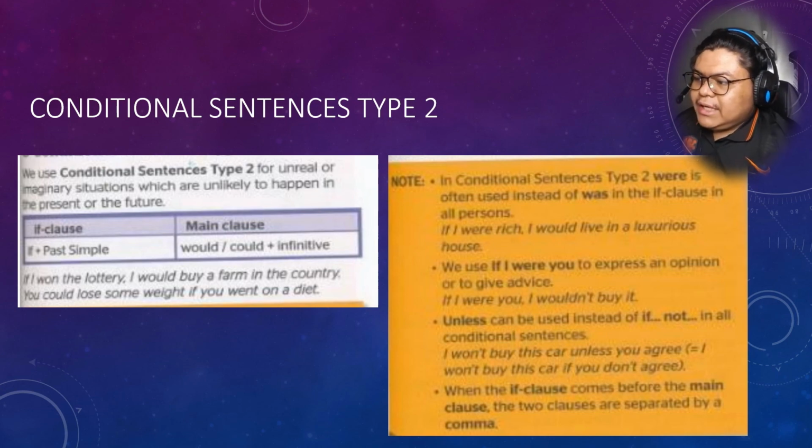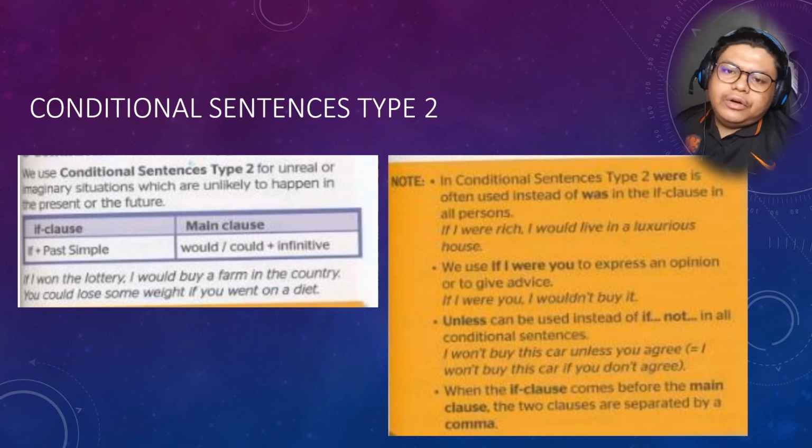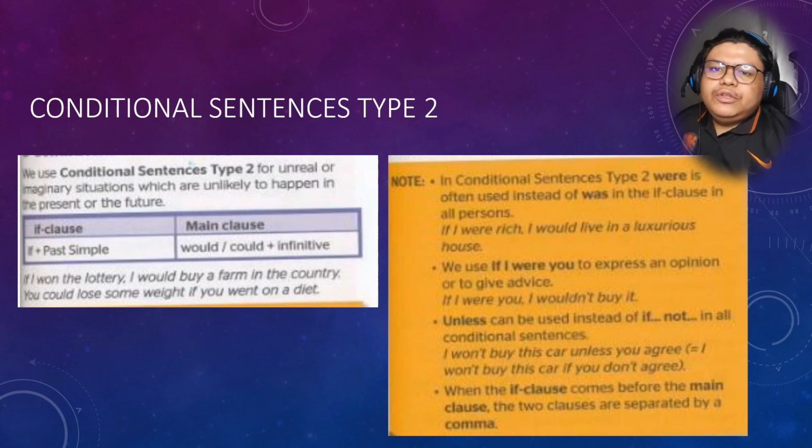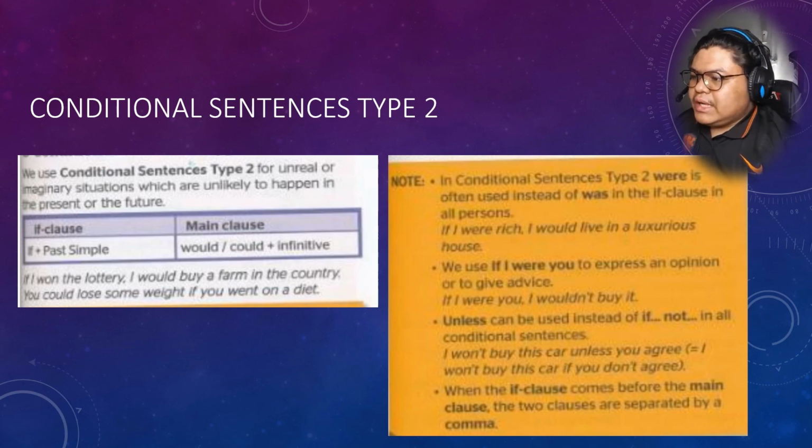Contoh macam ayat yang last tadi kan, you could lose some weight if you went on a diet. Kalau main clause dia datang dulu, then you don't have to use comma. Tapi kalau if clause dia datang dulu, maksudnya ayat tu start dengan if dahulu, then you need a comma in between the two sentences. Okay, so saya harap awak faham lah.